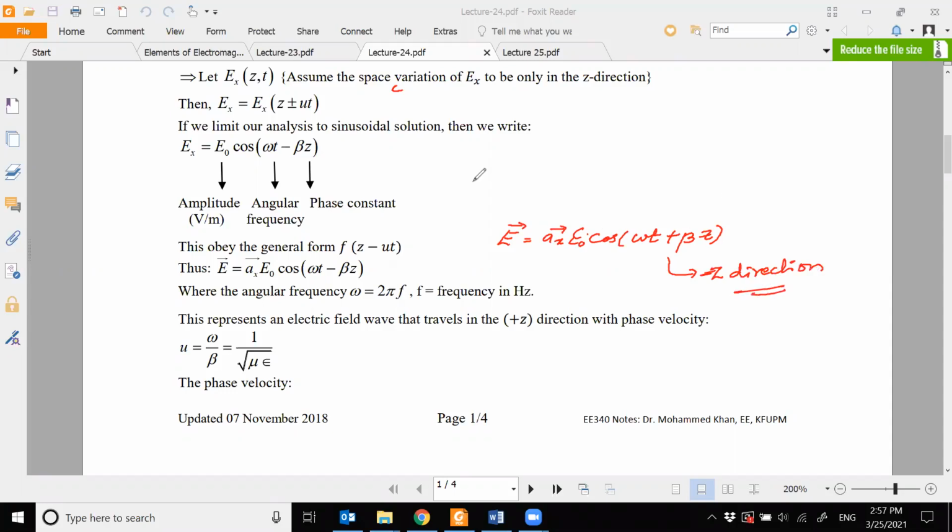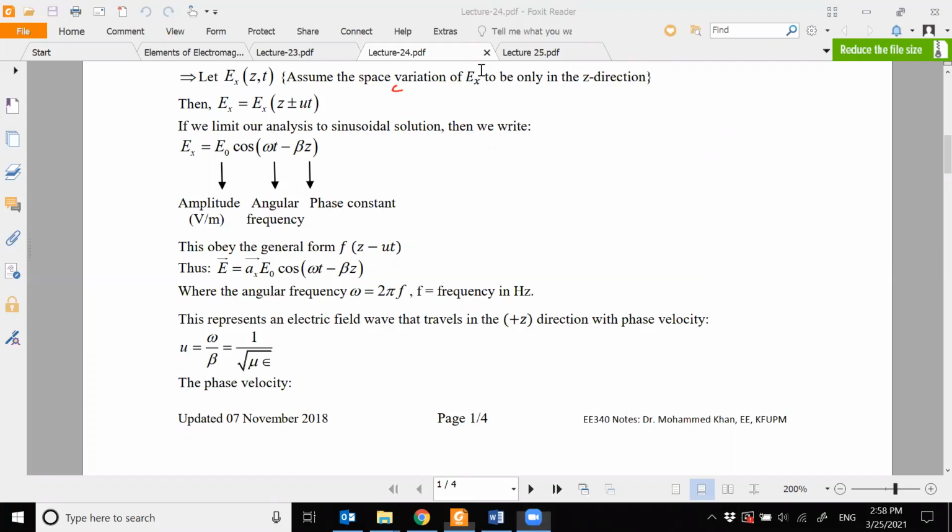Just to let you know, this minus z direction and plus z direction is just for the mathematical representation. Because when we put our electromagnetic wave mathematically on paper, we have to use a reference. From the reference, we have to say whether it is moving in the right direction or the left direction. That's why we use this minus and plus.